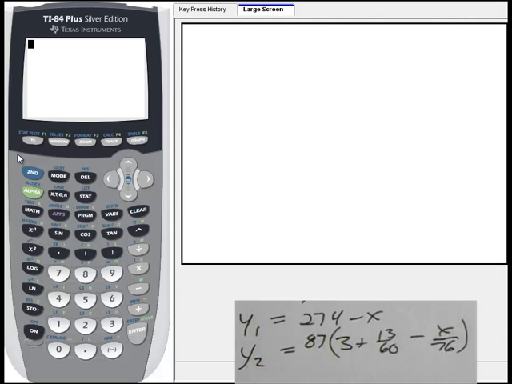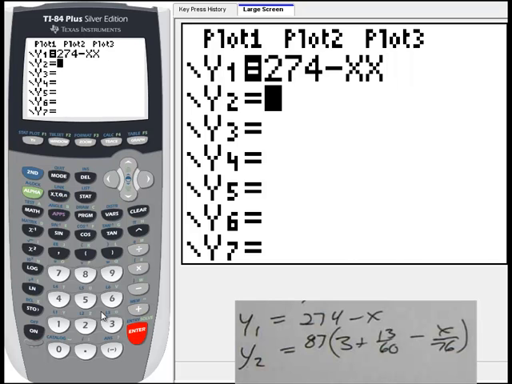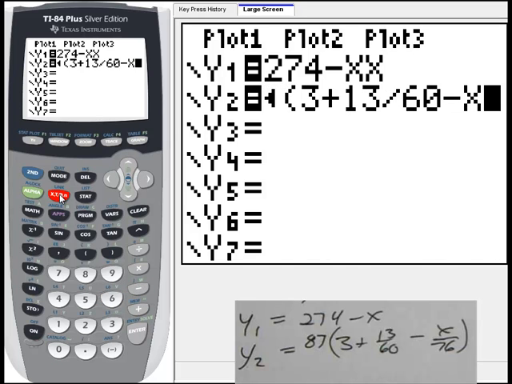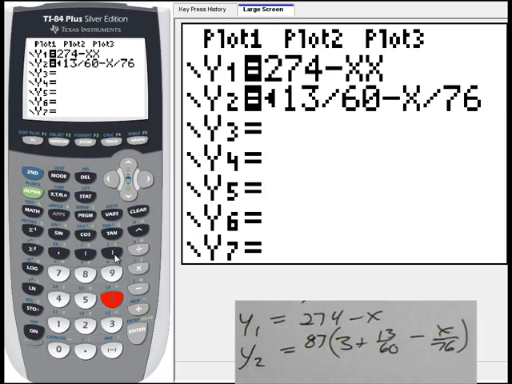Okay, here at the calculator, let's go to the Y equals edit screen, and for our y1, we've got 274 minus x. For y2, we've got 87 parenthesis 3 plus 13 divided by 60 minus x divided by 76 parenthesis.